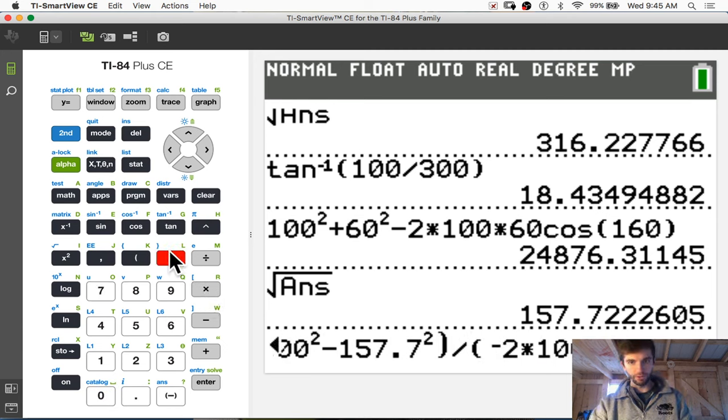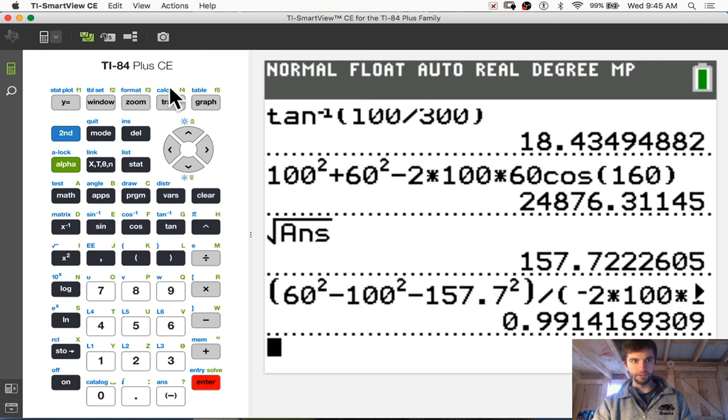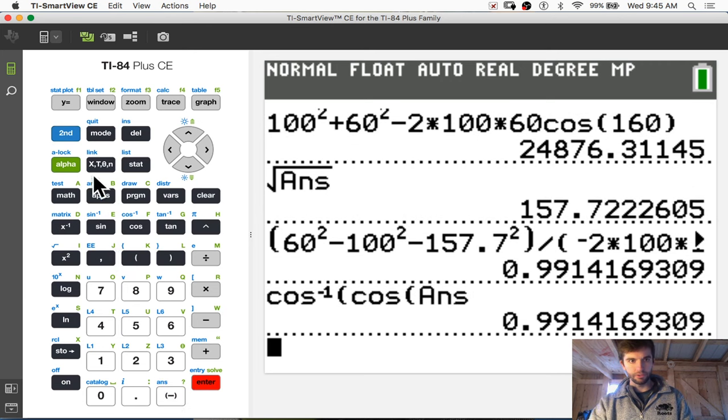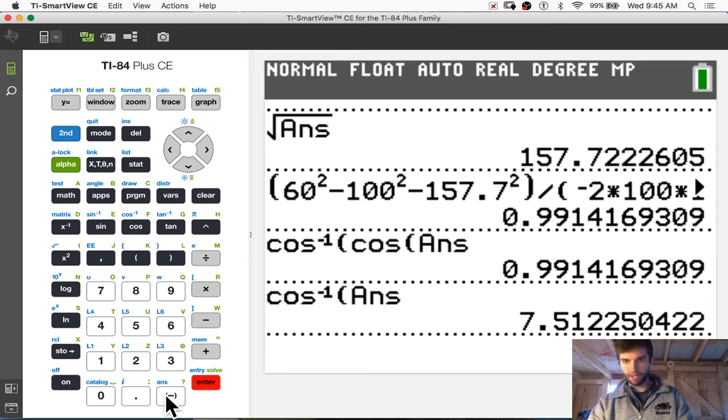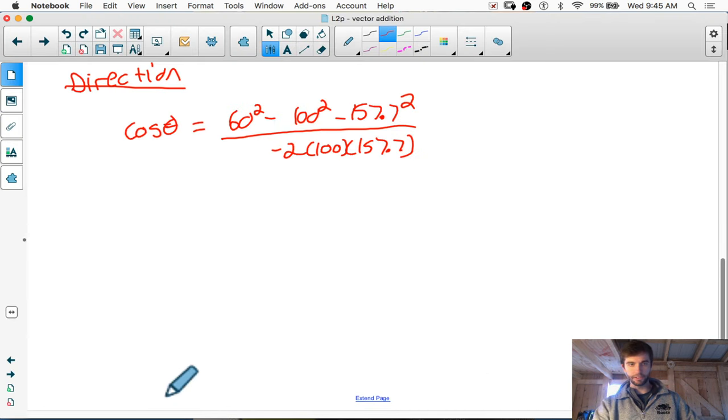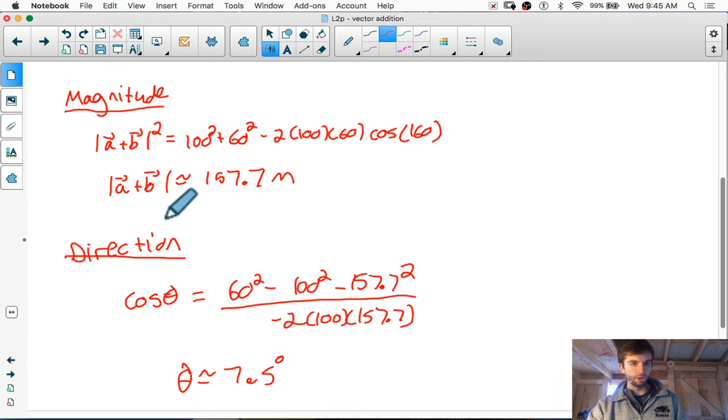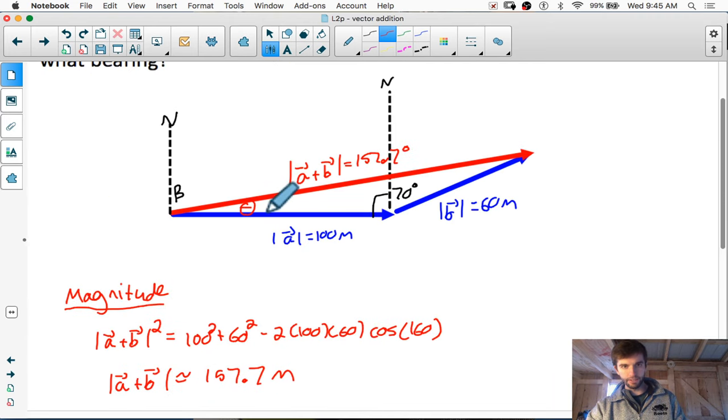So this is the cosine ratio, and then we want the angle, so we do inverse cos of that answer. Inverse cos of the answer, and it's 7.5 degrees, approximately. So that angle is about 7.5 degrees. So let me just show you what we have found. We have found that this angle right here is 7.5 degrees.